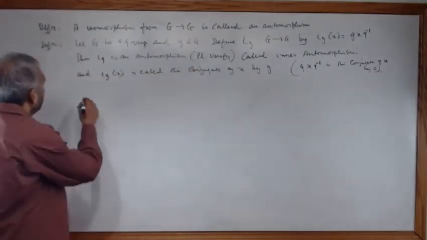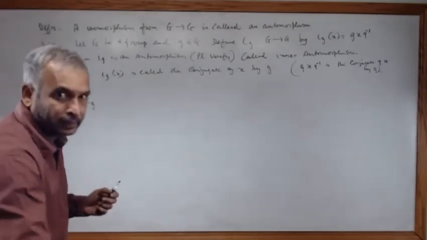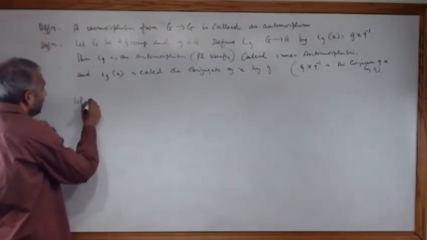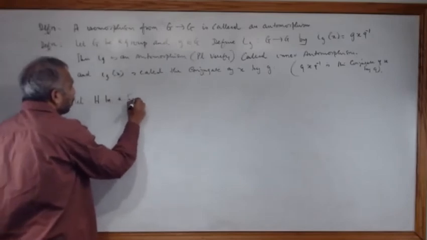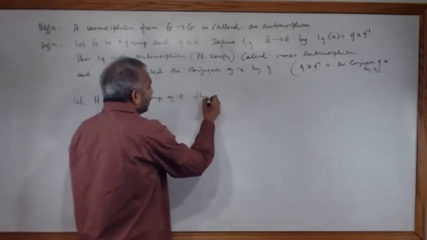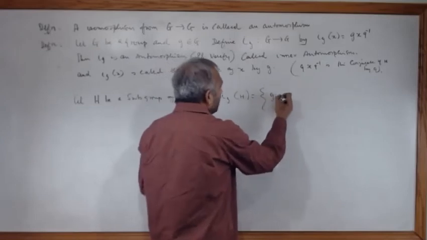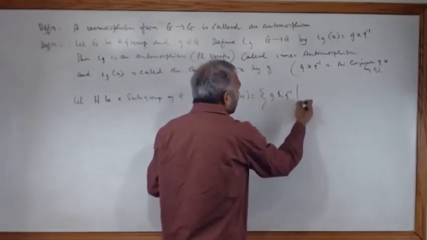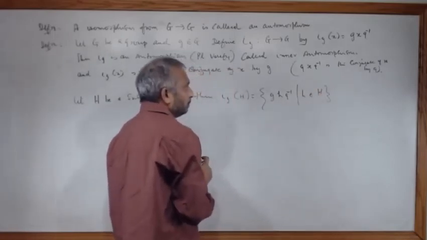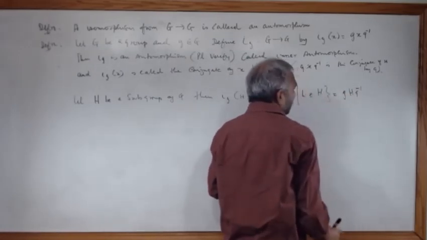Now, let us take a subgroup. Let H be a subgroup of G. Then ig of H is defined by ghg inverse, h belongs to H. And that is nothing but gHg inverse.